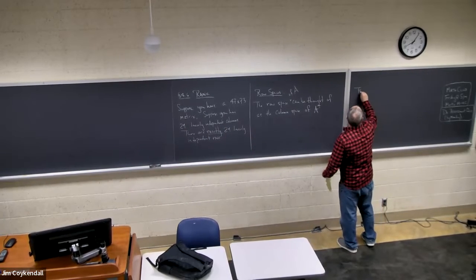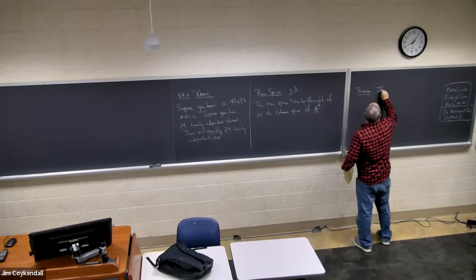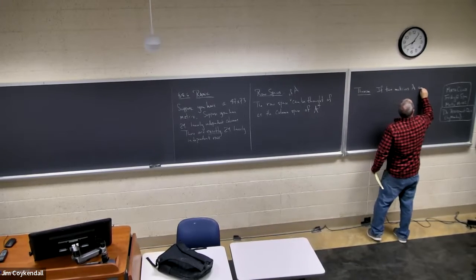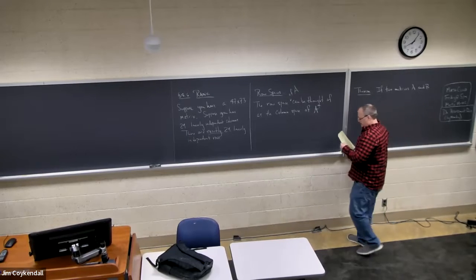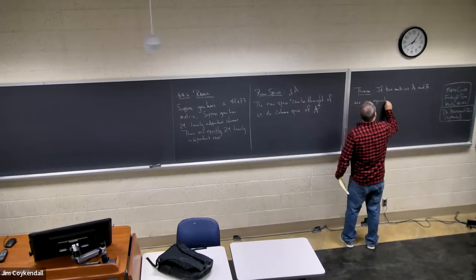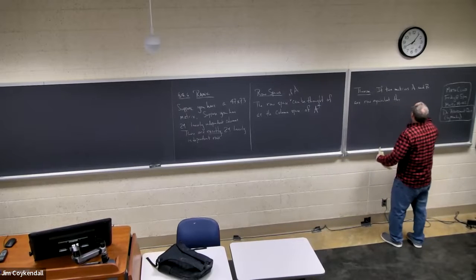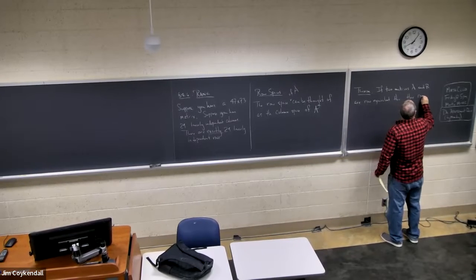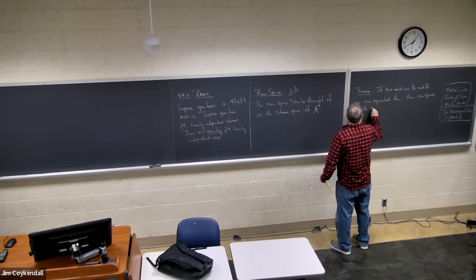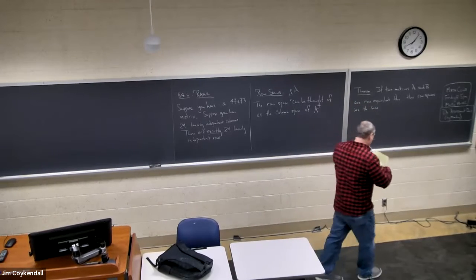So let me start with the theorem here. If two matrices A and B are row equivalent, then the row spaces are the same. This is a little bit stronger than what we said in column spaces.